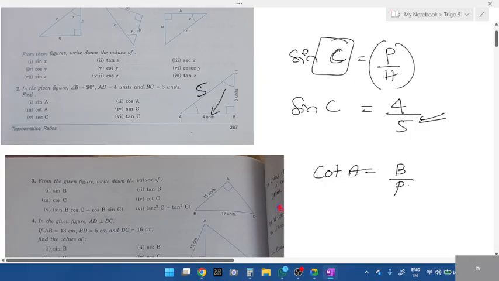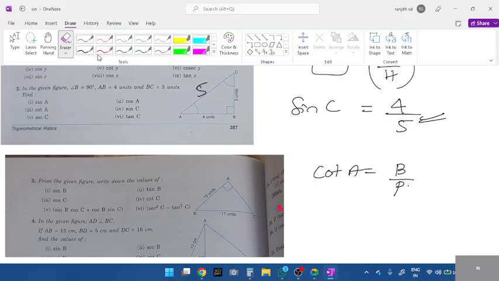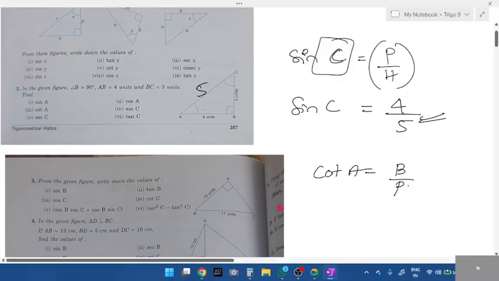For angle A, which is base? Yes, AB is base. So what is AB? 4, divided by what is perpendicular, opposite for angle A? 3, right? This is the answer. This is how you have to clear.